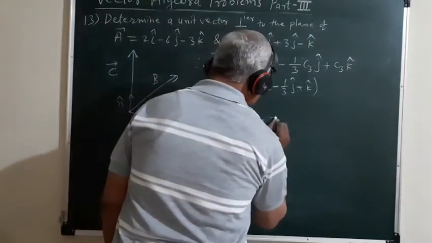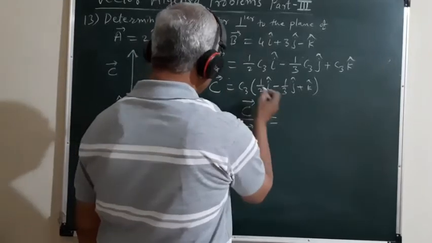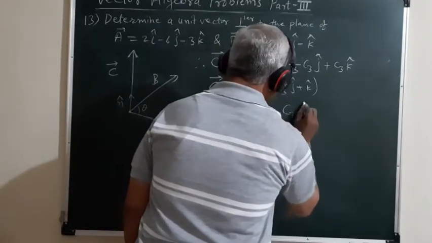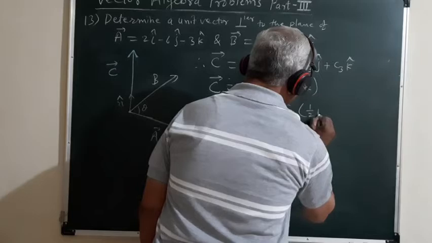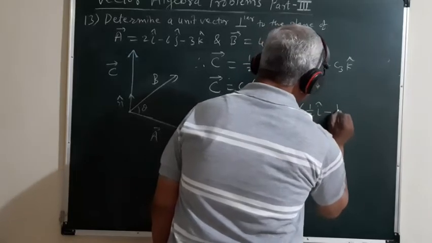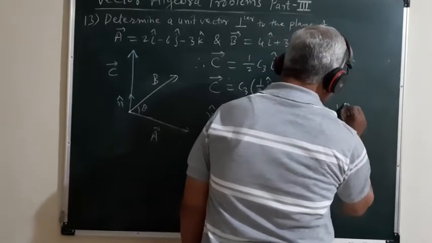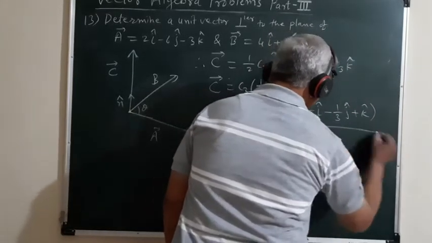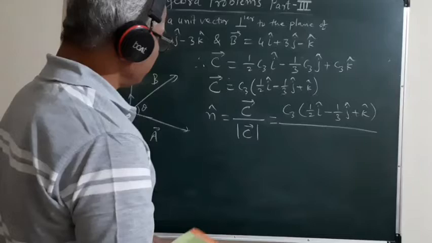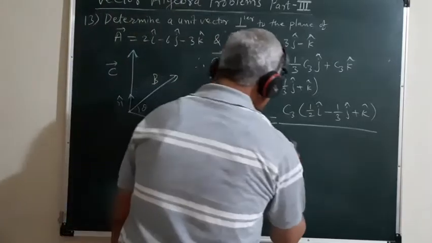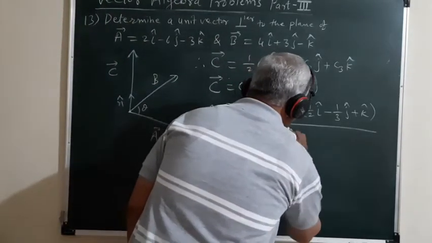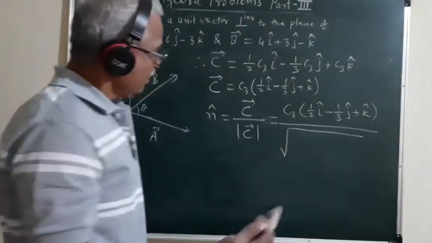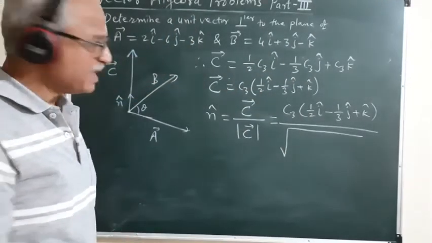So this is nothing but C bar, which is C3 into bracket 1/2 i cap minus 1 by 3 j cap plus k cap, divided by its magnitude. Magnitude is under root ax square plus ay square plus az square.